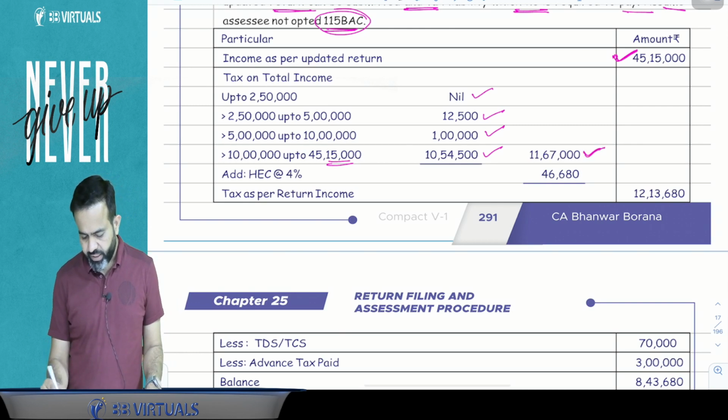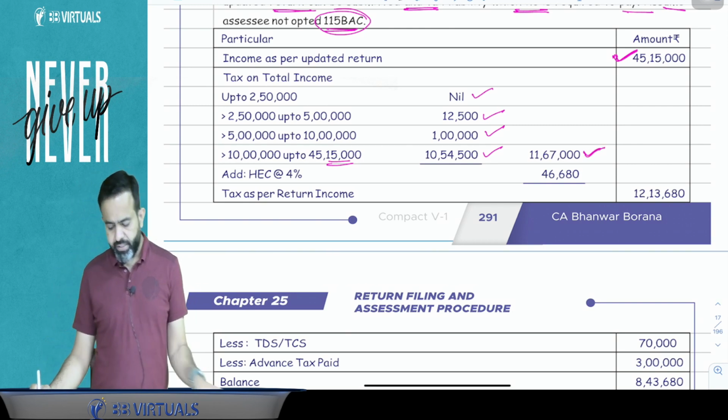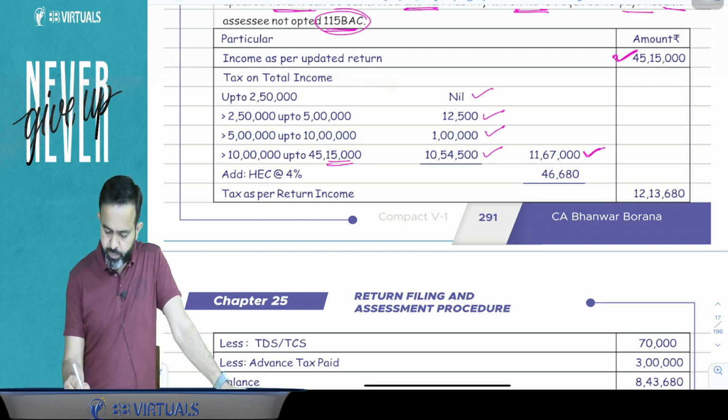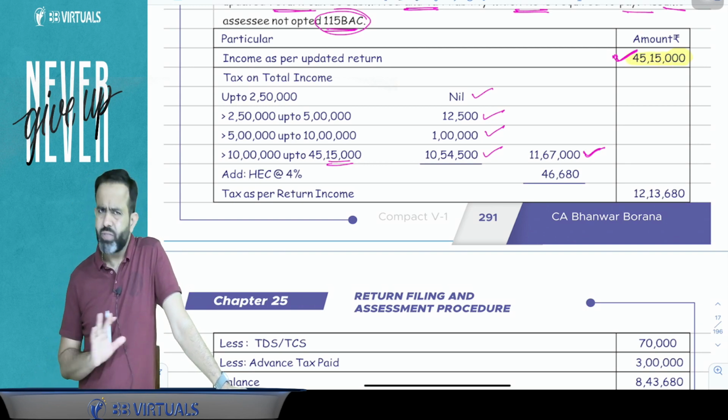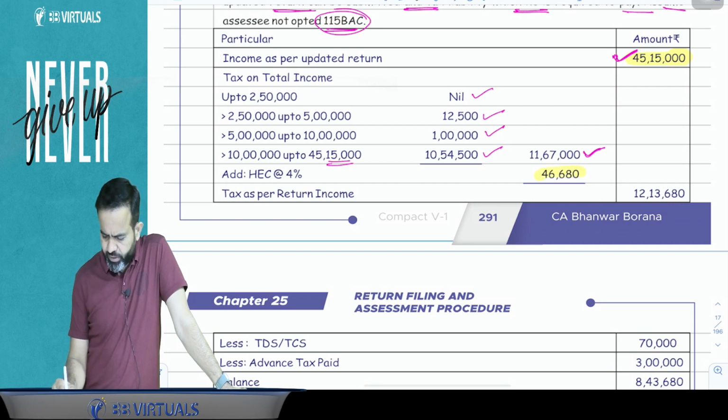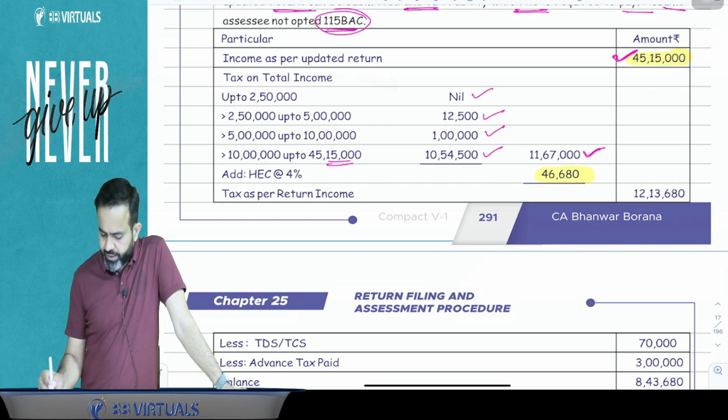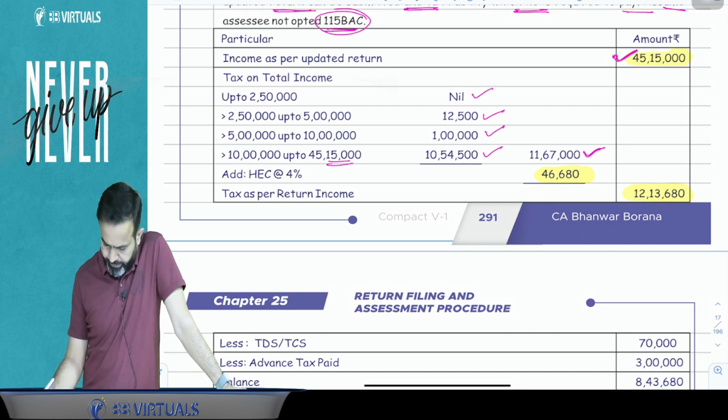This is your total tax. Now just add the health and education cess. Surcharge is not applicable because this income is not more than 50 lakh. Here health and education cess is 46,680. So total tax as per the return is 12,13,680.